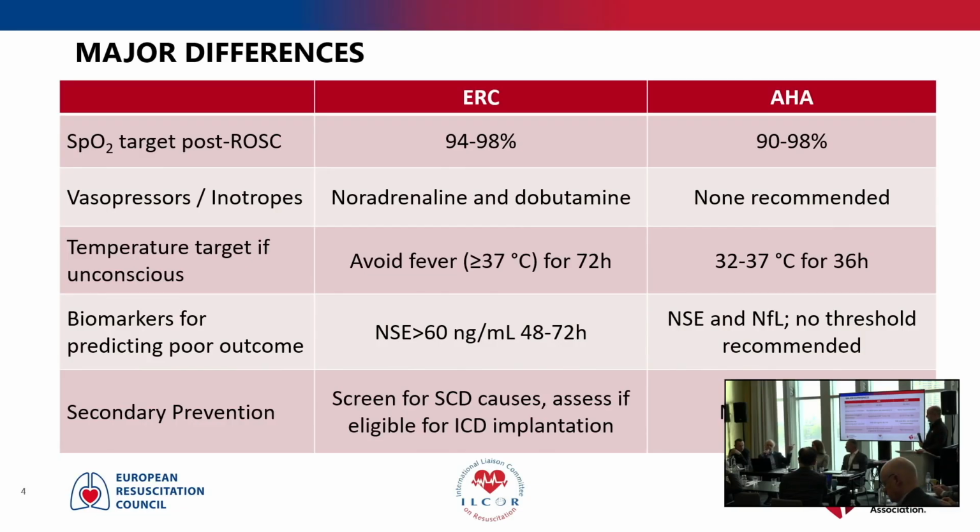Initially, we just said high NSE, but we based our analysis on analysis of the individual patient data from the TTM trial, and for other trials that show that despite the apparent dispersion on NSE values, all the values aggregated with a minimal false positive rate around the value of 60. So probably 60 is a reliable threshold.